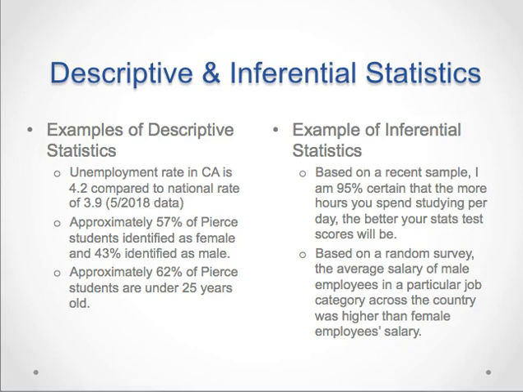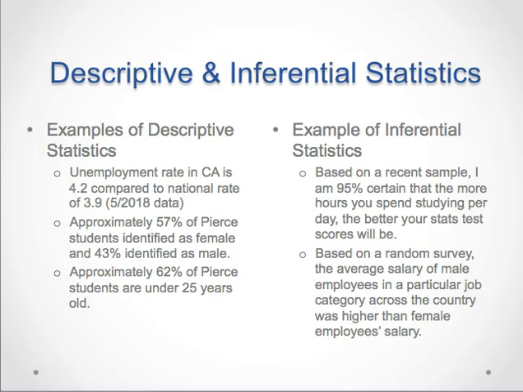Here are examples of inferential statistics. Based on a recent sample, I am 95% certain that the more hours you spend studying per day, the better your statistics test scores will be. Based on a random survey, the average salary of male employees in a particular job category across the country was higher than female employees' salaries.